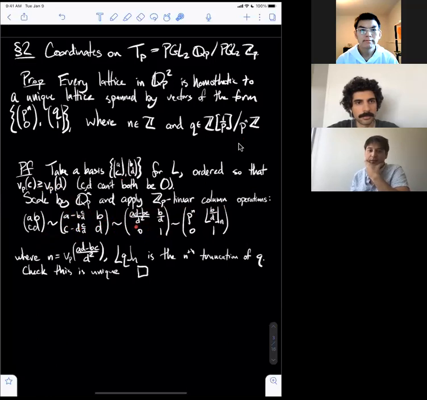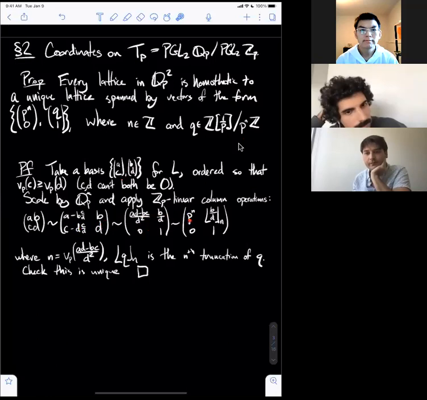And we'll get something of this form, in which case there's kind of this polar thing for p-adic numbers, which says you're p^n times a p-adic unit. And so we'll scale this by a p-adic unit, which is an allowed Z_p-linear column operation, and just get it in the form (p^n, 0).